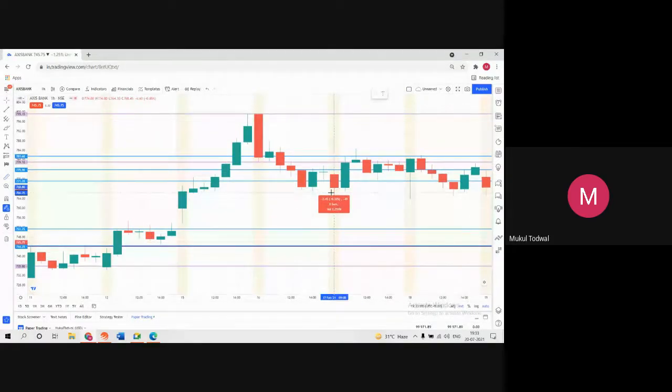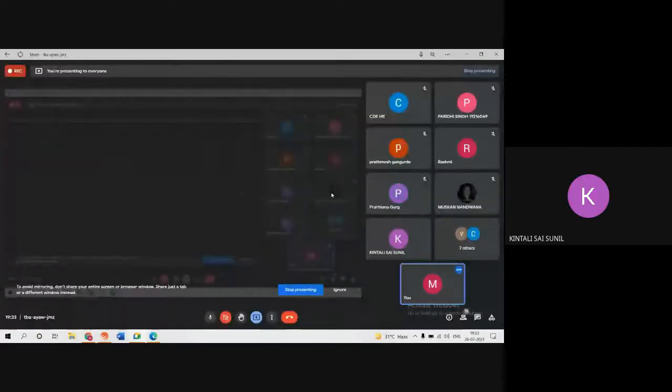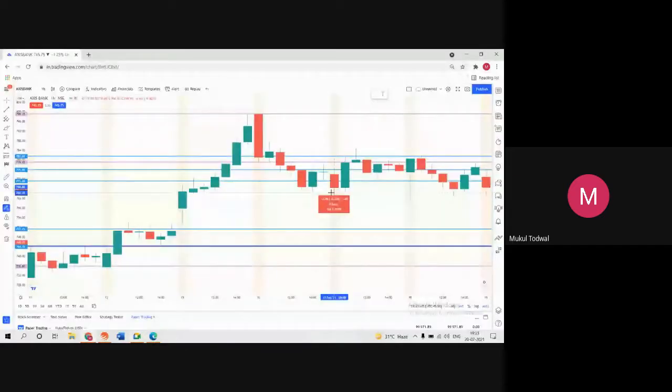Are you all with me till now? Yes, sir. Guys, please reply. Okay, so do you want me to take another example of a bearish engulfing candlestick, or are we good to go with another candlestick pattern?